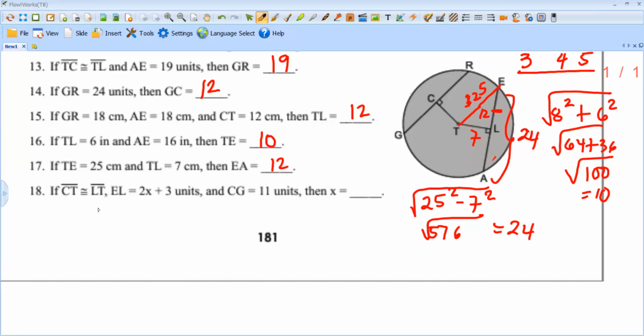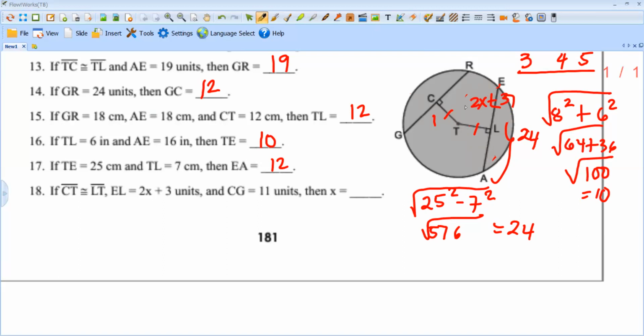Okay, so if CT is equal to LT, let's erase it again. Where is the CT? CT is 12. CT is equal to LT. These two are equal. And EL is equal to 2x plus 3.